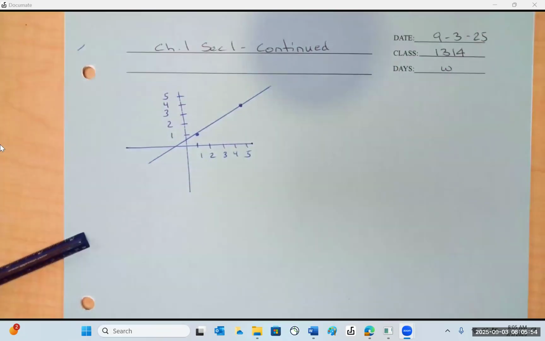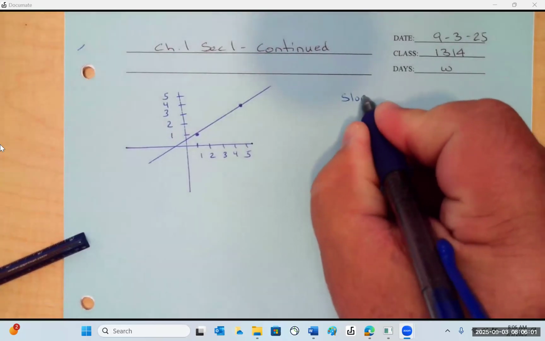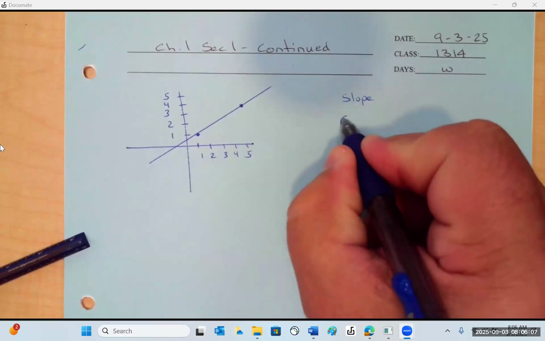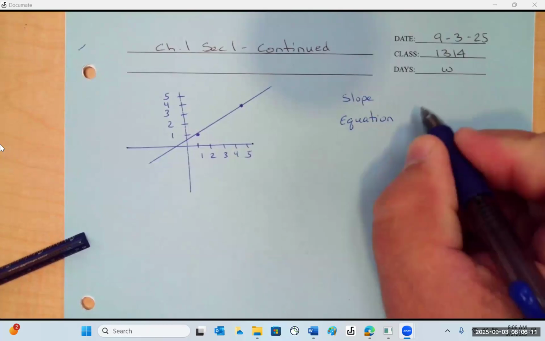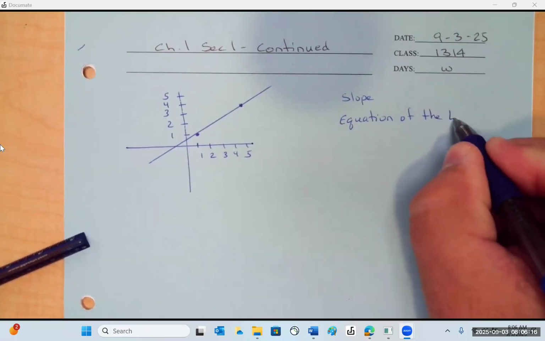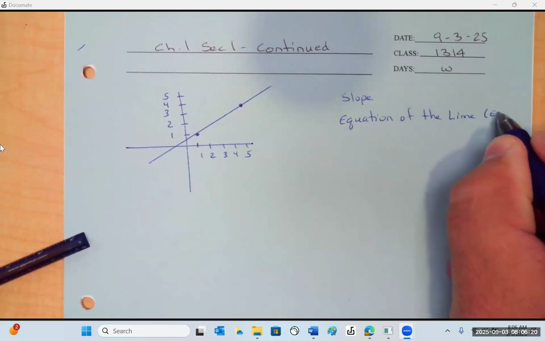Yeah, if we have two dots, we have 2 points, we can figure out so much stuff. We can figure out the slope. What else can we do? Find the equation of the line, which I'm simply going to write EOL from now on.